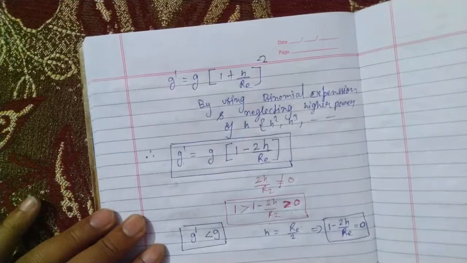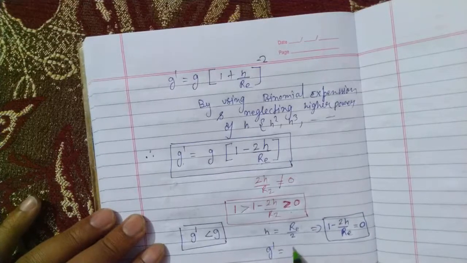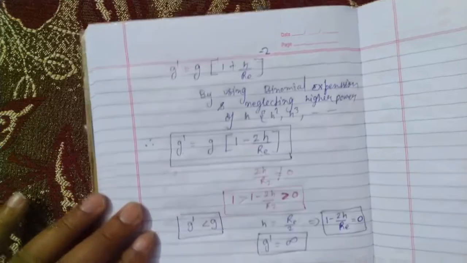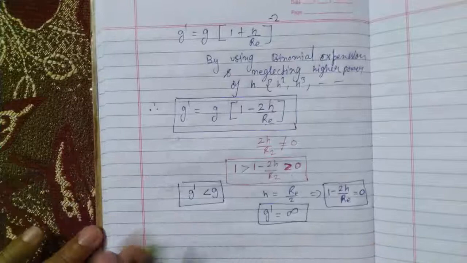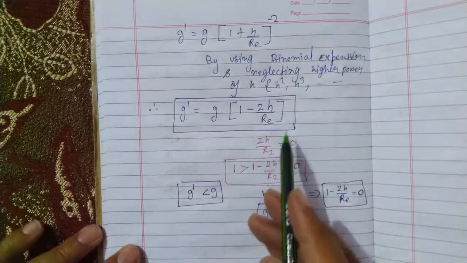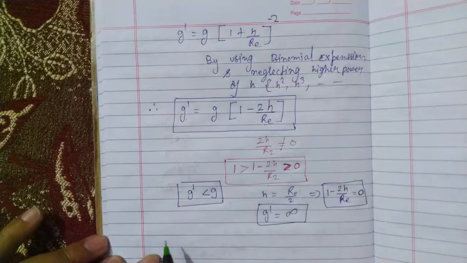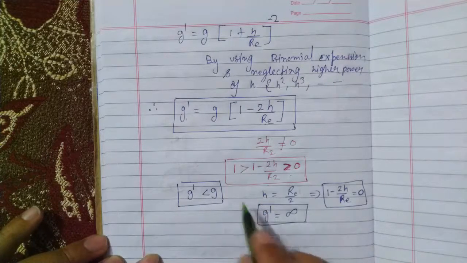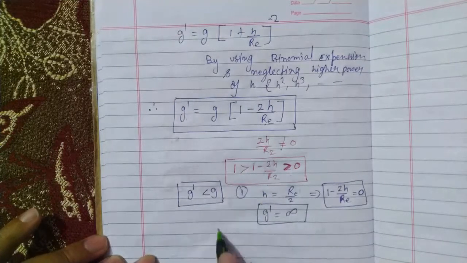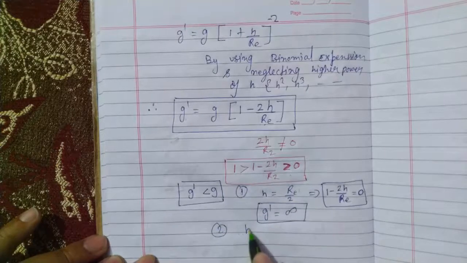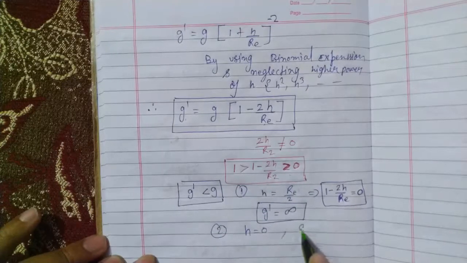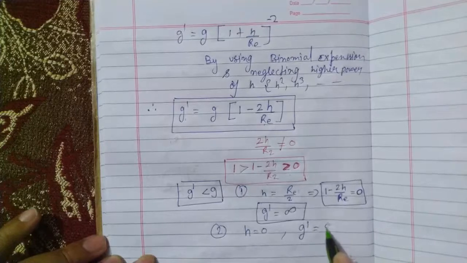For this situation, g dash becomes infinite. This is how the value of g varies with increasing height. This is the first situation, and second, for h equal to 0, the value of g dash is equal to g.